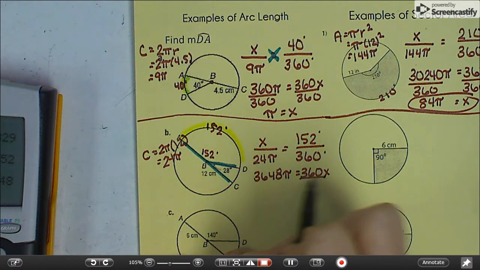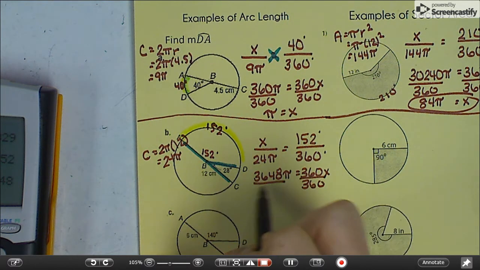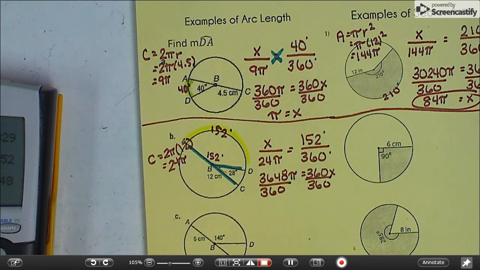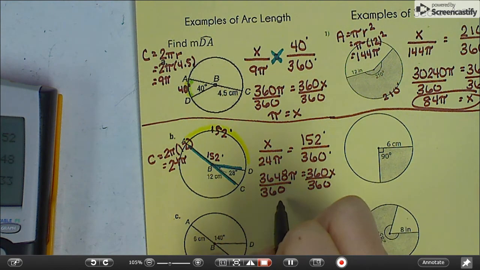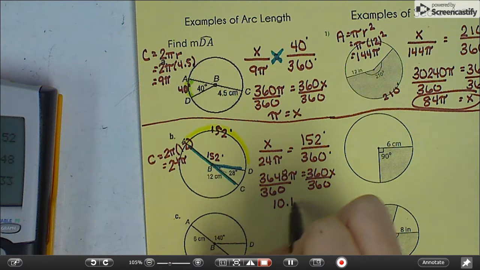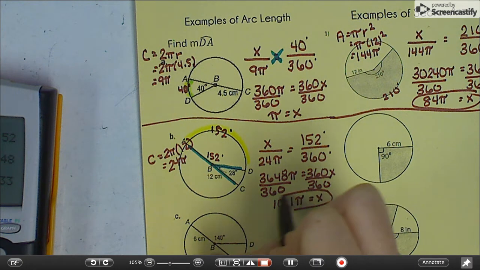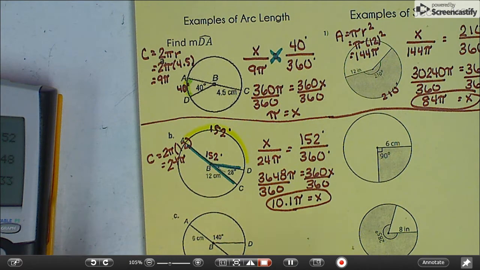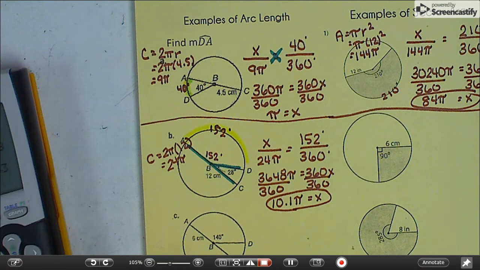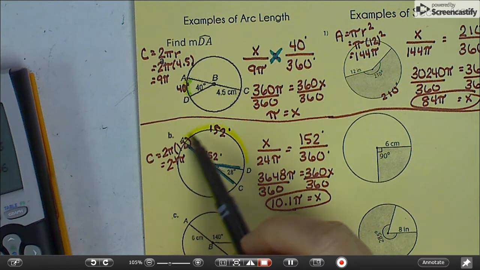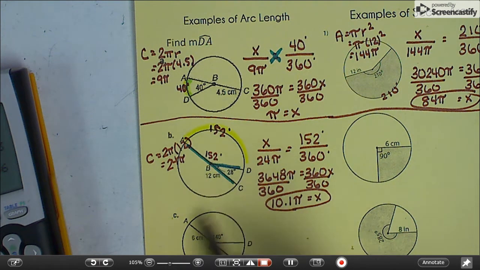And then divide by 360. So 10.1 pi equals x. This is the answer in terms of pi. If you would like a more specific answer, you would do that times pi, which would make this 31.8 centimeters long.